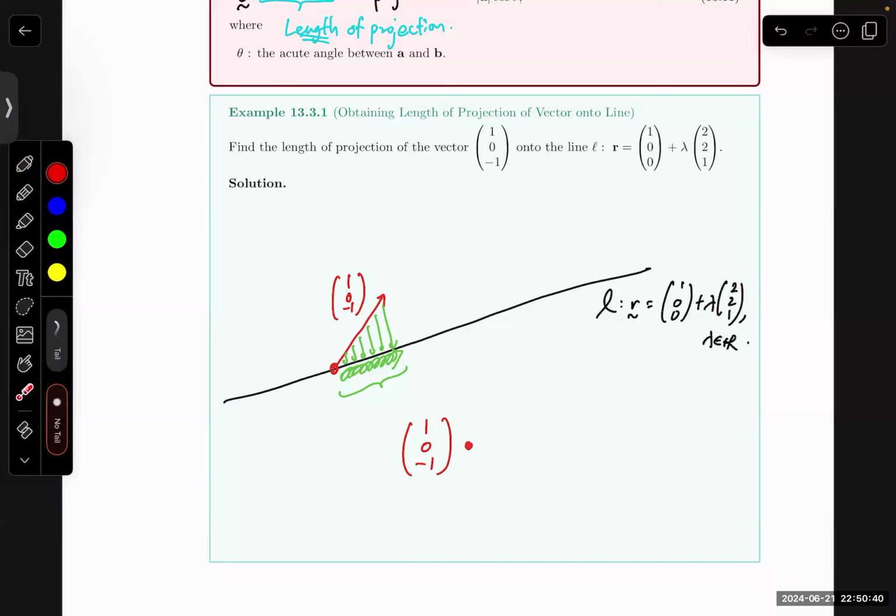I only want the direction. I don't want the magnitude to mess things up. Whenever we talk about projections, we only slap it onto a certain direction, a certain surface. I only want the direction.